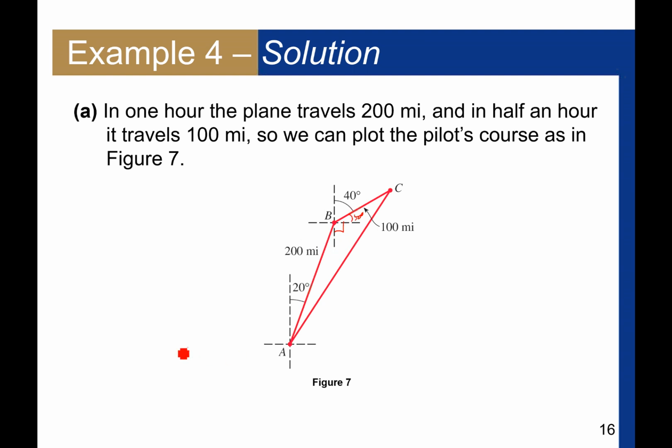Notice we have parallel lines cut by a transversal, alternate interior angles are congruent. So this little part of it here is 20 degrees, alternate interior angles. And then we can just add 50 plus 20 is 70, 70 plus 90. So this whole thing here is 160 degrees.